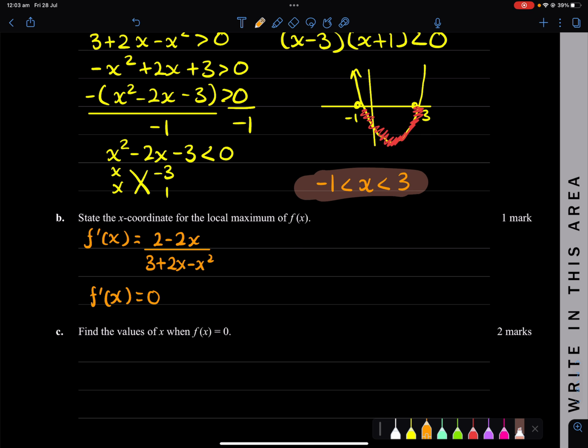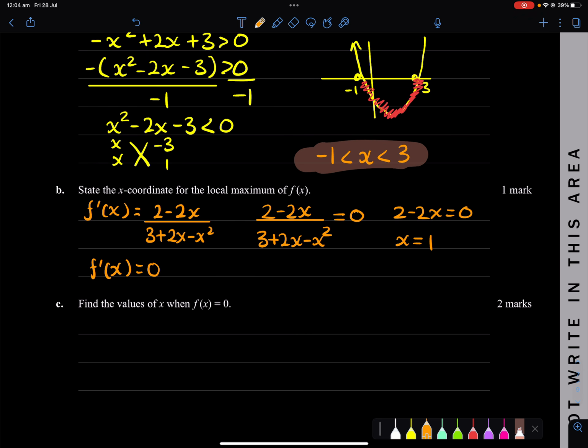So if we let that equal 0, 2 minus 2x over 3 plus 2x minus x squared is equal to 0, we can say that 2 minus 2x equals 0, so x equals 1. This is just state the x-coordinate.